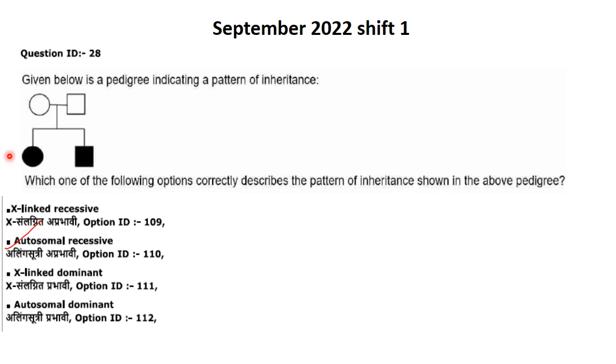So if you see the pedigree, you can see that this generation is not having the disease, whereas the offspring of that generation are having the disease. That means it is skipping the generation. So it should be autosomal recessive. But if it is X-linked recessive, then the father should have been diseased. So the answer here is autosomal recessive.